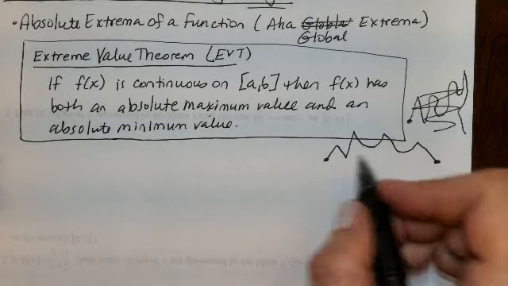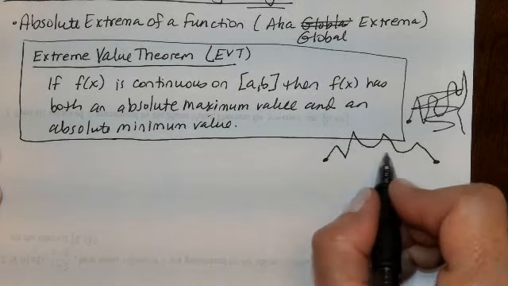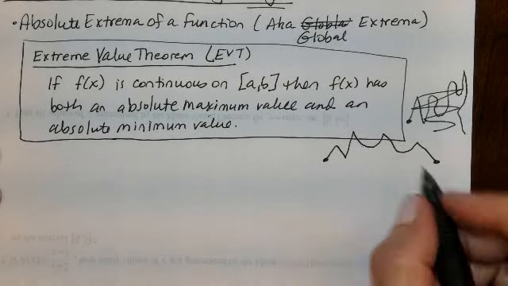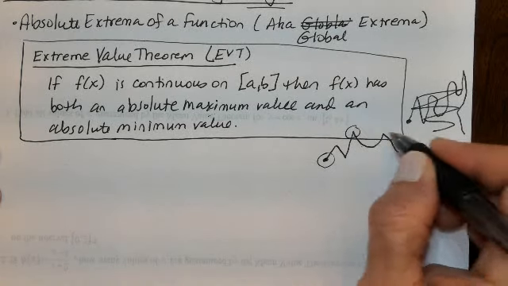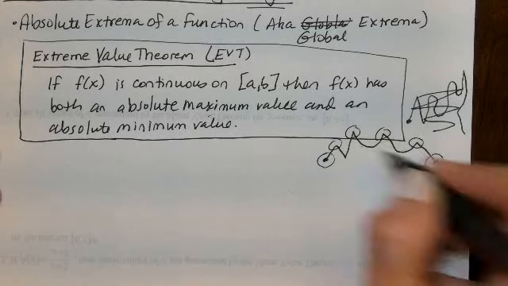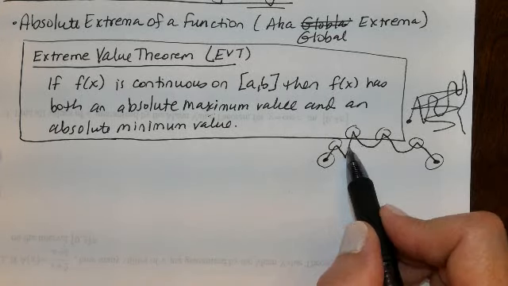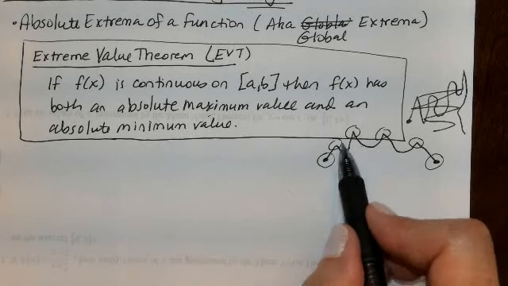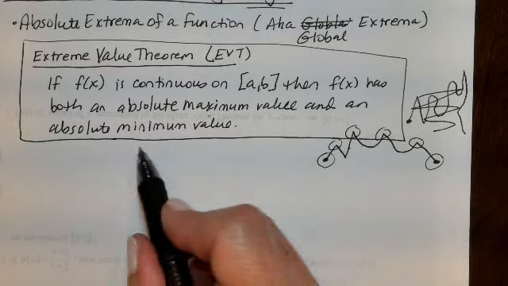Now, keep in mind this. Even in this goofy little thing that I just drew, the maximum value has to occur either at an endpoint or at a relative max. Those are our only candidates. I wouldn't ask myself, I wonder if that's the absolute max. It has to be either at an endpoint or at a relative max. Same thing with an absolute min.